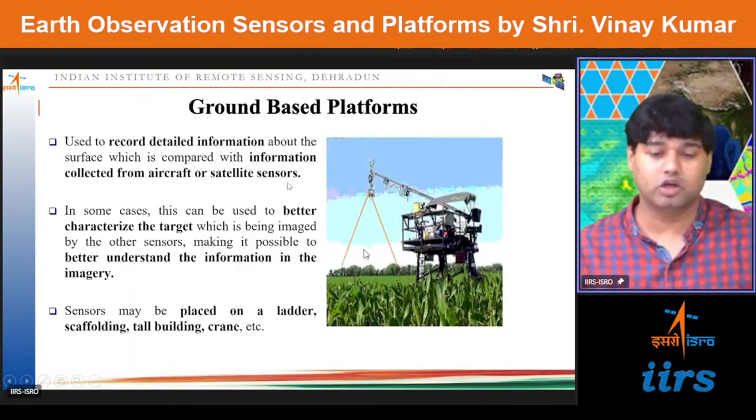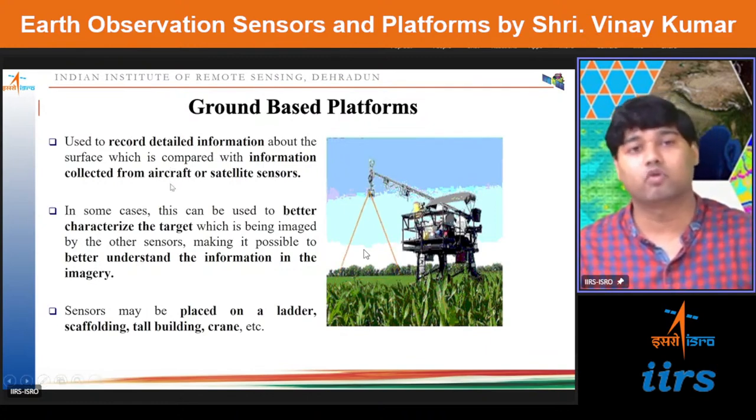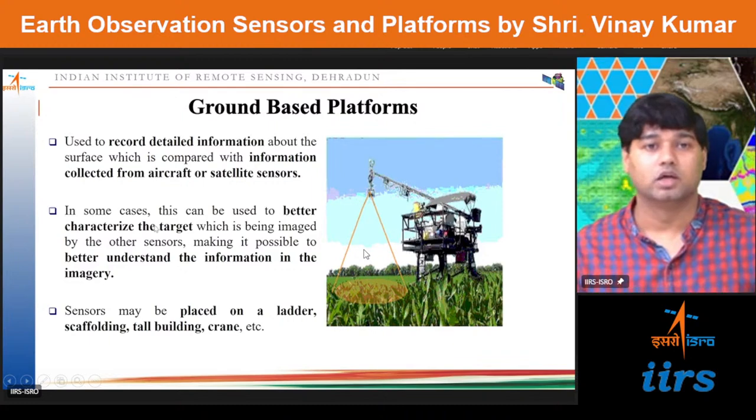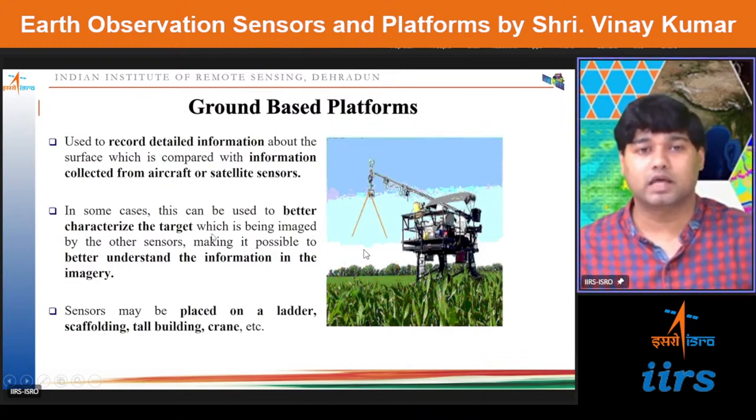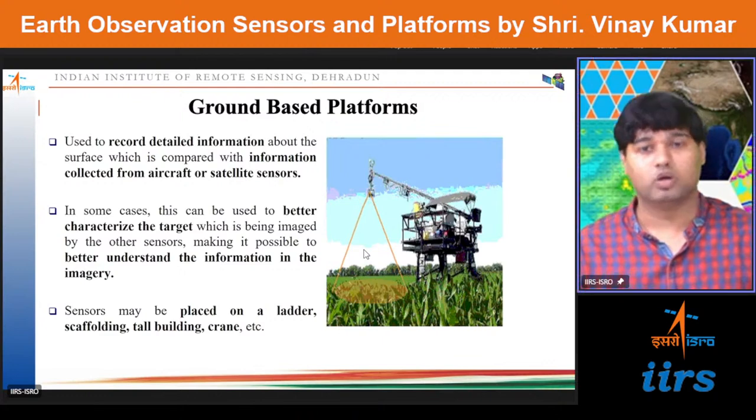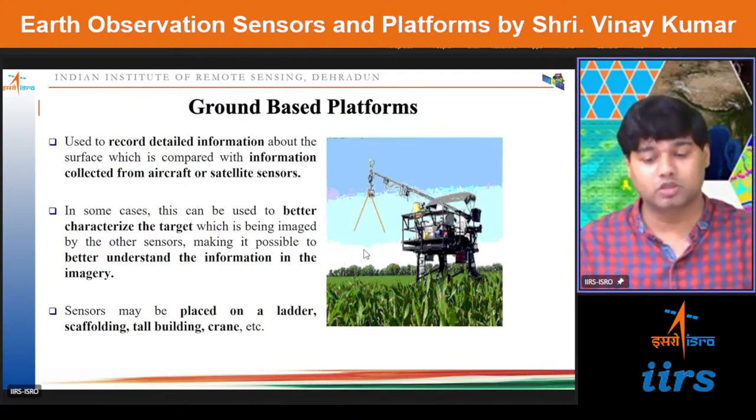So here you can see ground-based platforms are normally used to record detailed information, and can be used for validation or calibration of the data collected from your aircraft or satellite. This can be used to better characterize the target being imaged by other sensors, making it possible to better understand the information. So what does better characterization of the target mean?